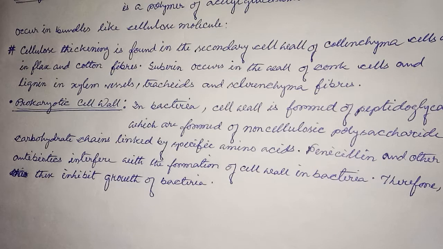It plays an important role in cell expansion. It is involved in many enzymatic activities. Cutin and suberin prevent loss of water by evaporation. It protects the cell against pathogens. It allows enlargement in the size of cell. So, these are the functions of cell wall.